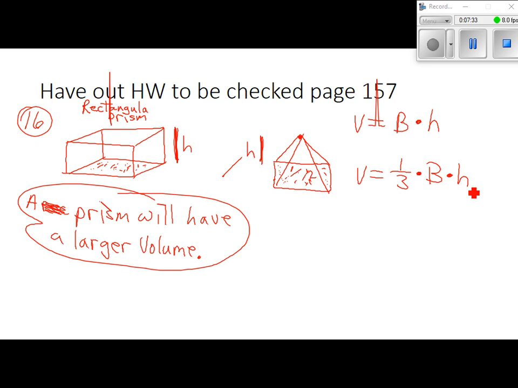What can you tell me about the rectangular prism and how it's going to relate to the pyramid? How many times bigger is it as far as the volume goes? 3 times bigger. So we could have said that a prism will hold 3 times as much as a pyramid. Next question.